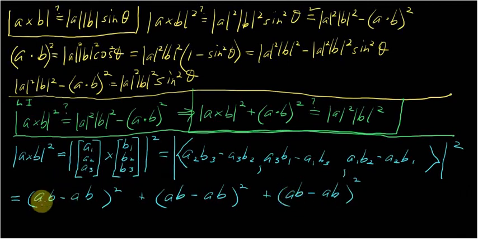So we got a2b3 squared, and then we have a3b1 squared, and then we have a1b2 squared.